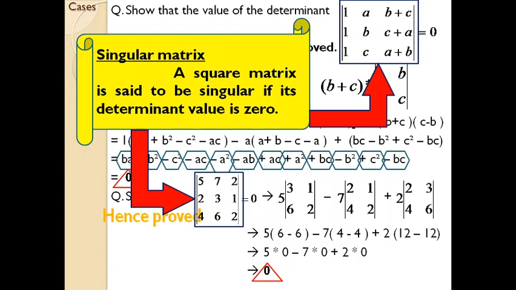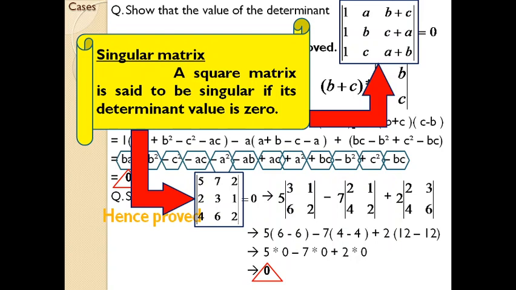The only difference is we use line brackets in the case of determinants and we use square brackets in the case of matrices. So whenever a certain arrangement of rows and numbers is represented, if we use square brackets, this can be called a matrix. If you are using line brackets, we can say that it is the determinant of that particular matrix.